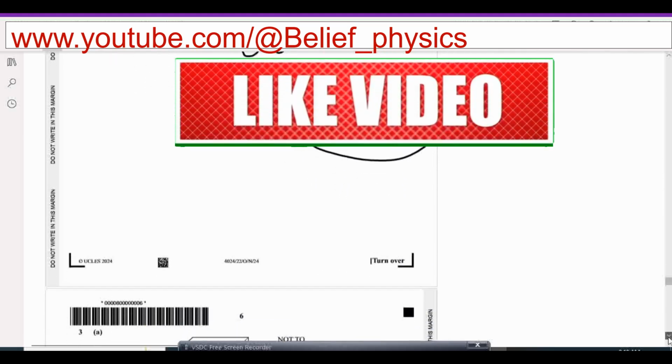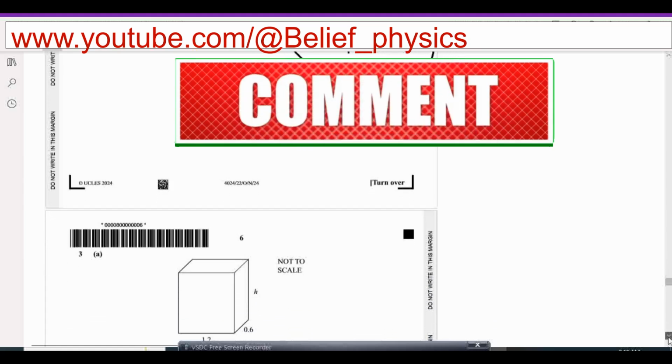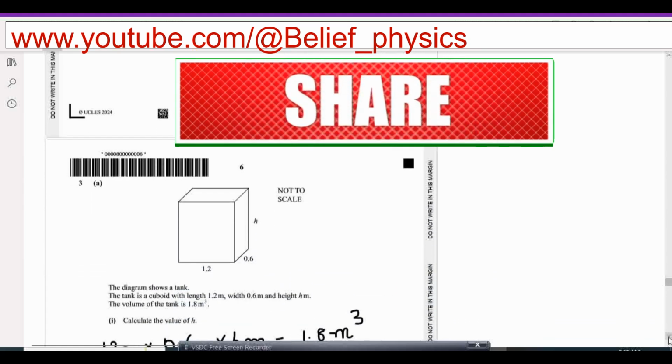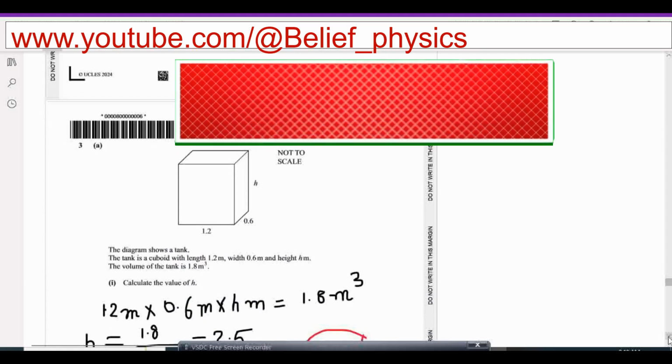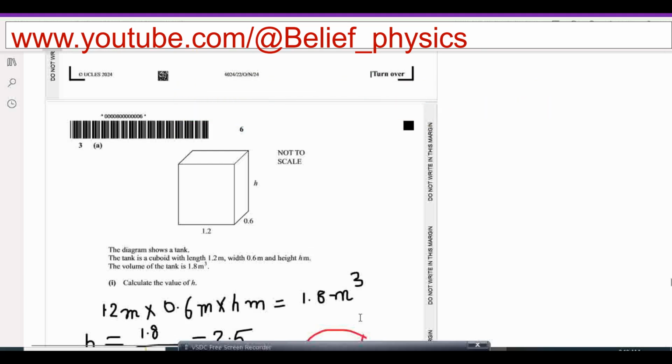Next question is, a diagram is given. It shows a tank of cuboid shape. The volume of the cuboid is given as 1.8 meter cube. Its length is 1.2, width is 0.6, and height is h meter. So volume of the cuboid is length into width into height. So length into width into height is equal to 1.8.